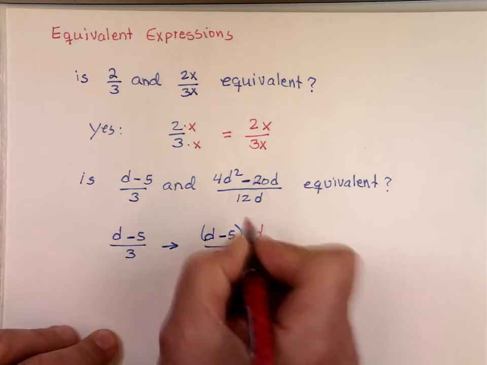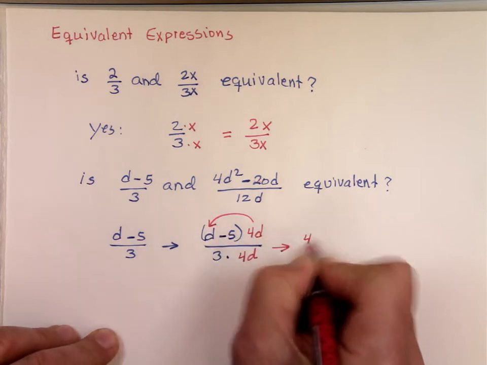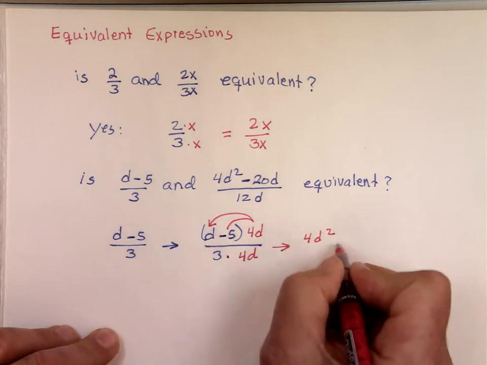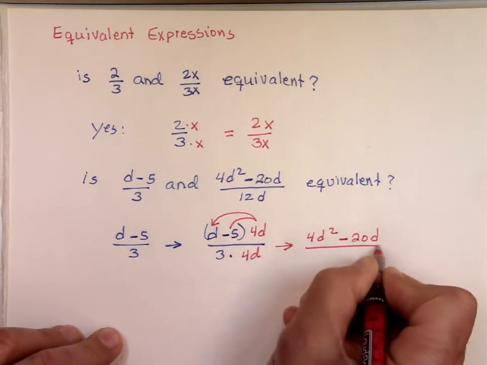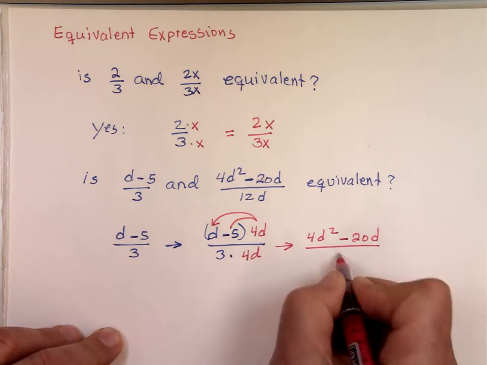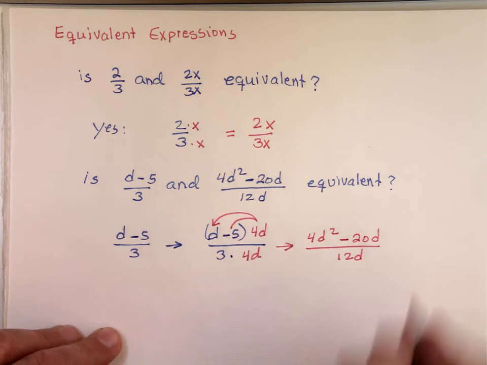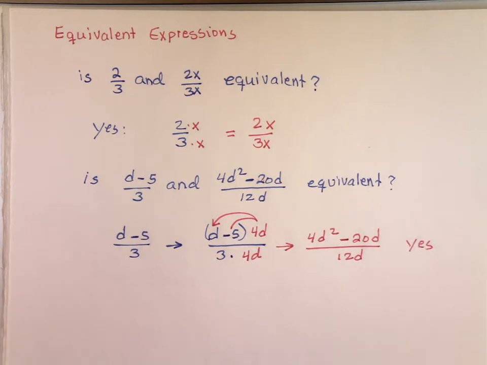What's 4d times d? 4d squared. What's 4d times a negative 5? Negative 20d. The bottom. What is 3 times 4d? 12d. Is this the same as this? Yes. So are these two rational expressions equivalent? The answer is yes.